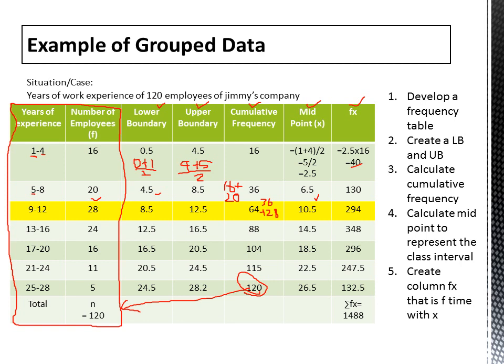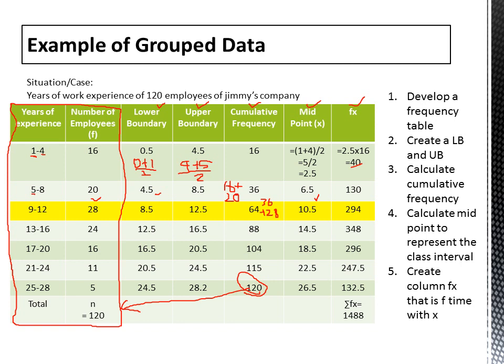Now the example of grouped data. The case here is the years of work experience of 120 employees of Jimmy's company. The two columns given are the years of experience and the number of employees.